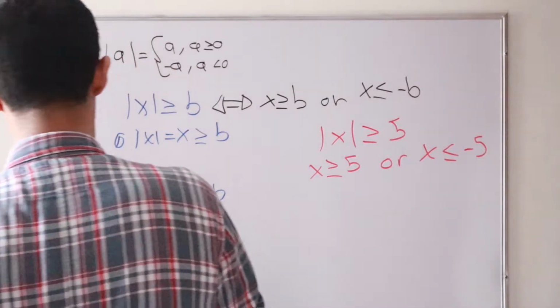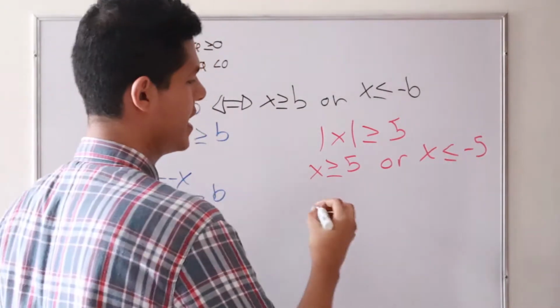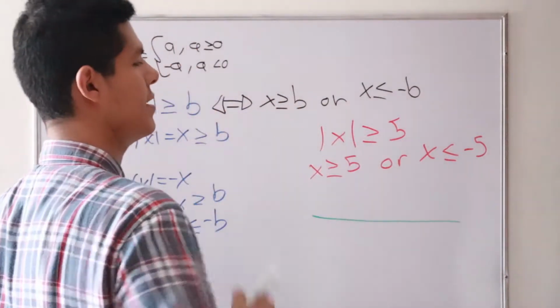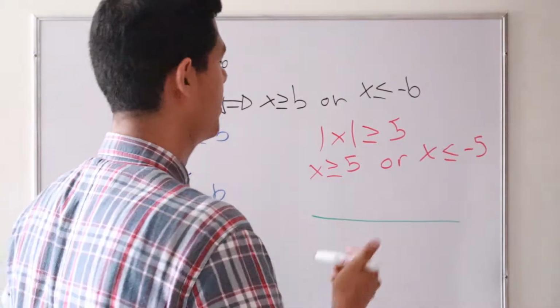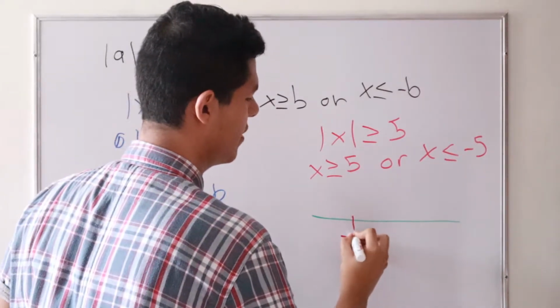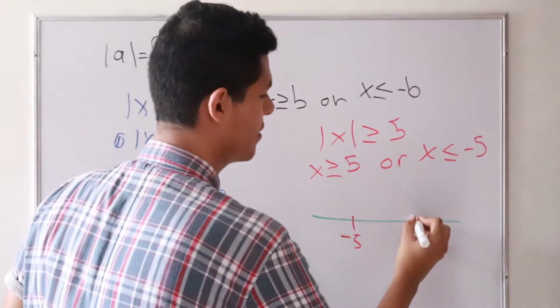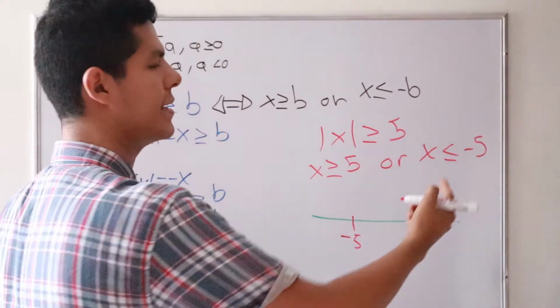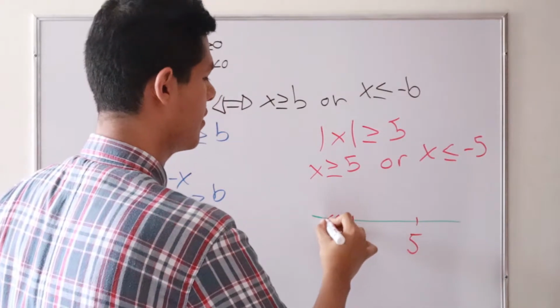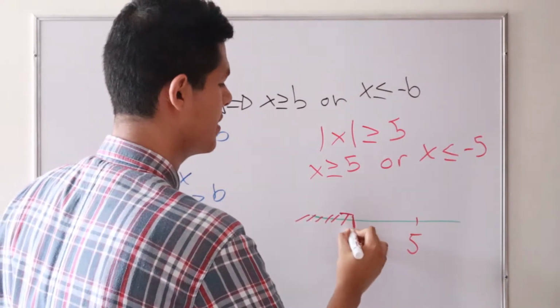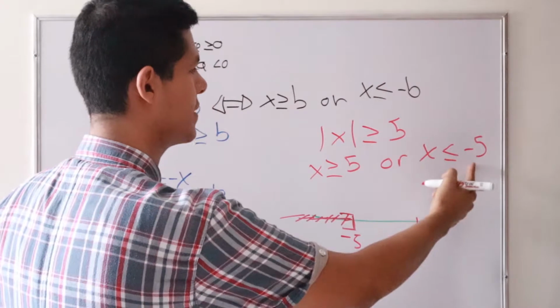So the set that satisfies this inequality are those numbers beyond minus 5 and 5. So X is less than minus 5. This is the set that satisfies this.